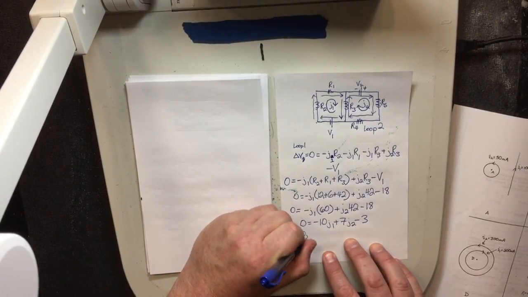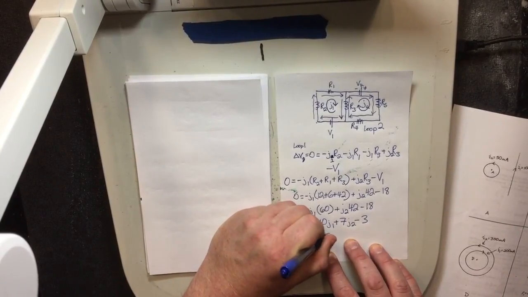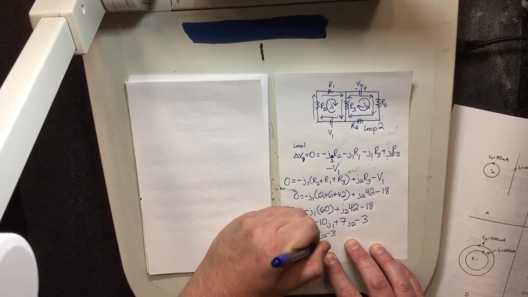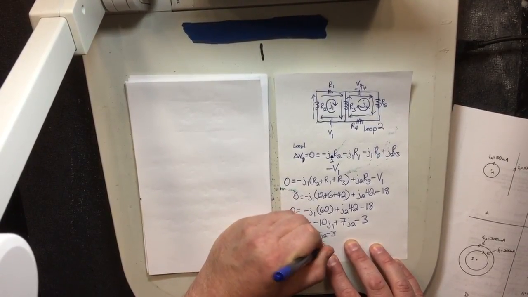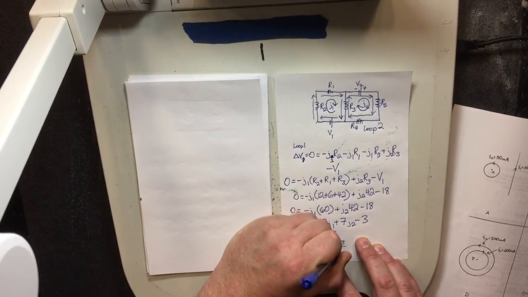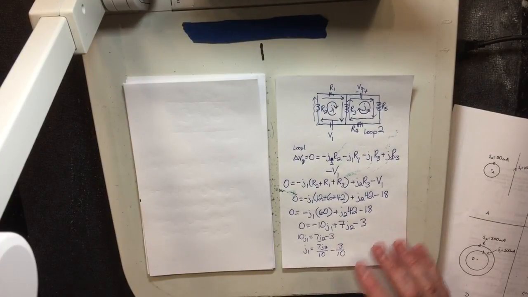So 10 J1 is equal to 7 J2 minus 3. So J1 is equal to 7 J2 divided by 10 minus 3 divided by 10. Now I keep them separate because I'm lining them up because they're going to get divided anyway. So might as well do it right there.